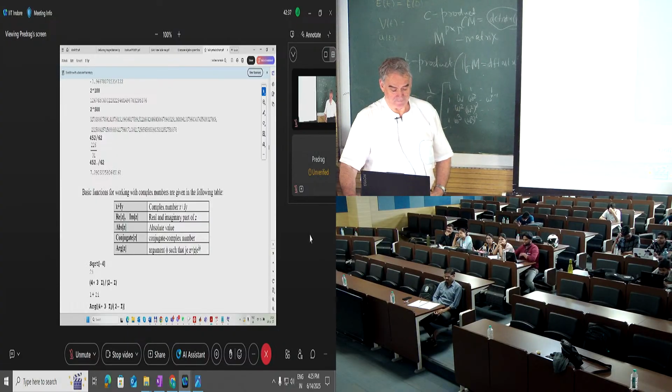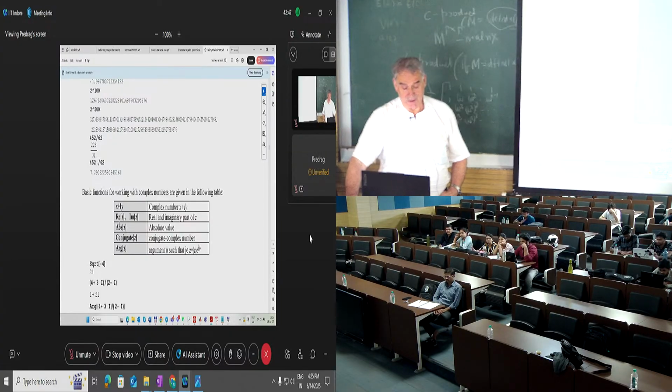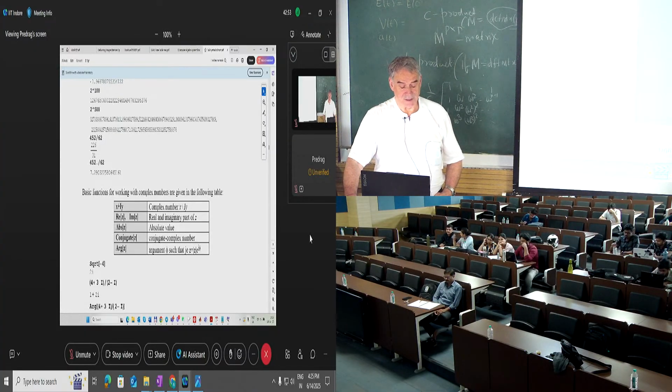A complex number with real part x and imaginary part y. I is the complex unit, Re, Im, Abs, absolute value of a complex number, Conjugate, Arg.